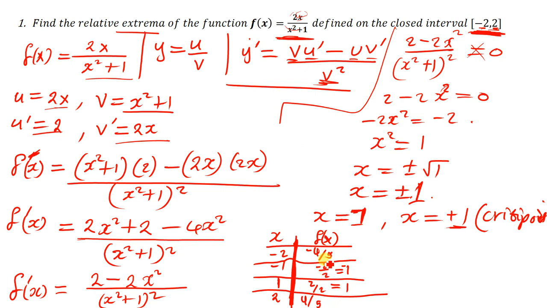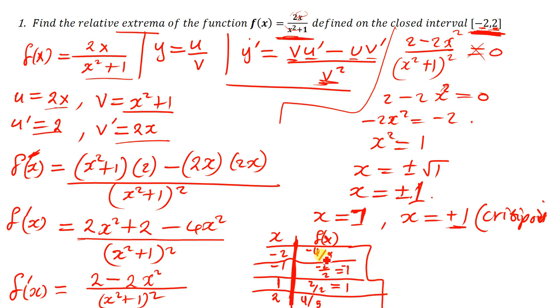Alright, so here it's just a matter of getting the highest value and the lowest value, and the two numbers that you get are the ones you are going to call your relative maximum and relative minimum. Okay, so let us check.